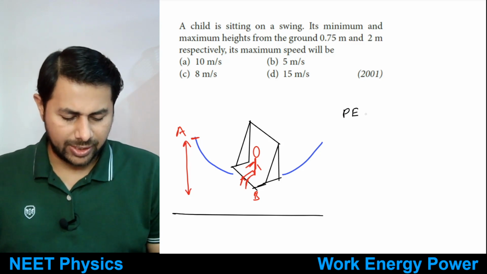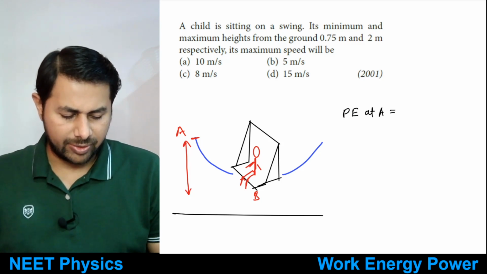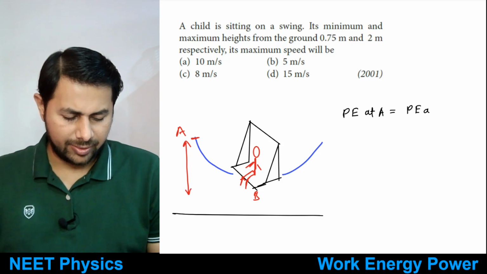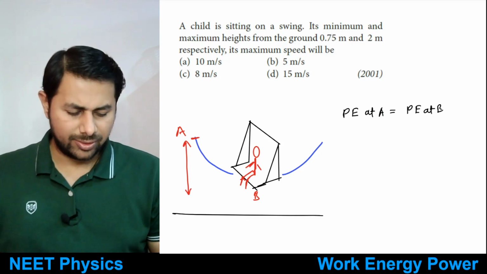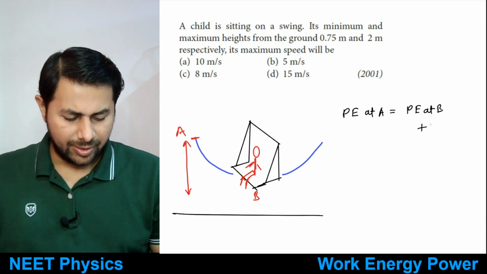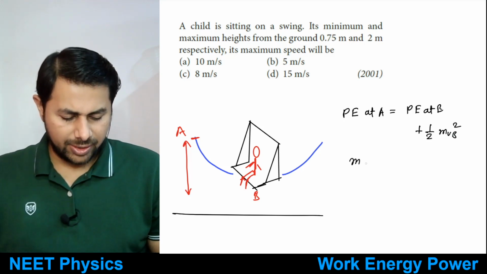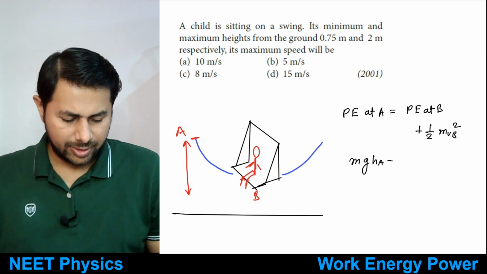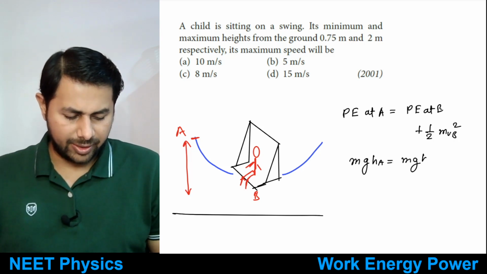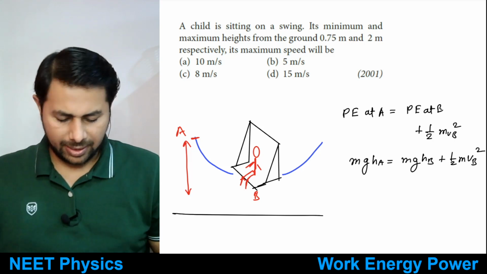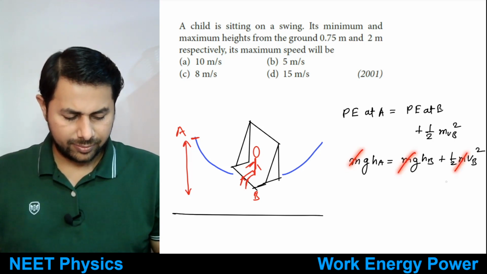Or let's take potential energy at A is equal to potential energy at B plus kinetic energy at B, because height is given, no? So mgh at A is equal to mgh at B plus half m Vb square. m gets cancelled out, right?